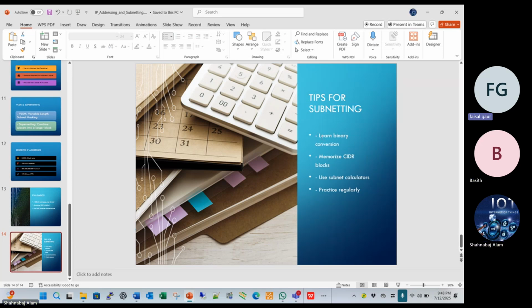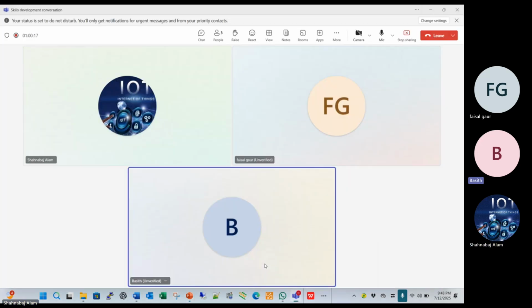So learn binary conversion, and you can try the binary tomorrow and we will see that. We can learn this calculation tomorrow, the CIDR values and all those things.